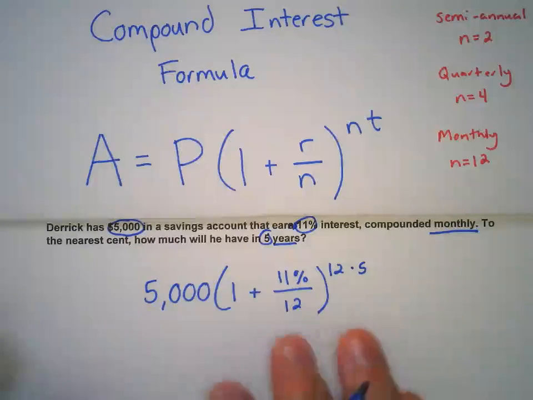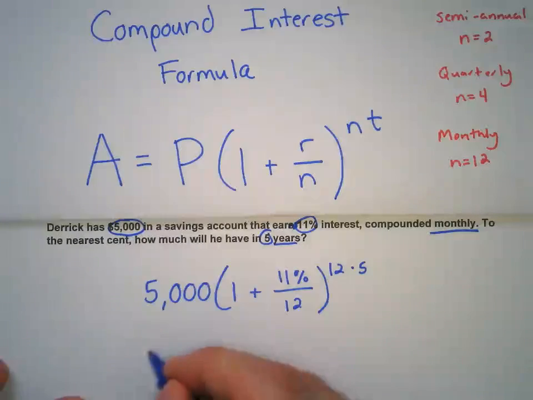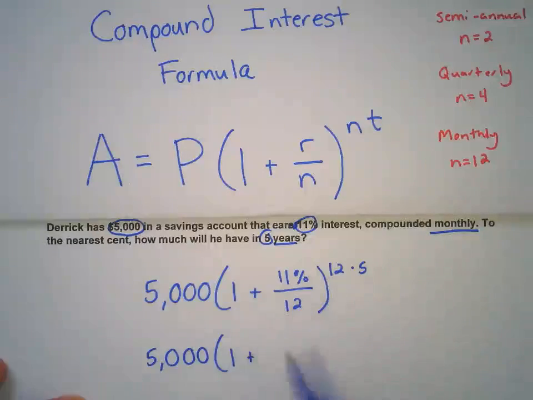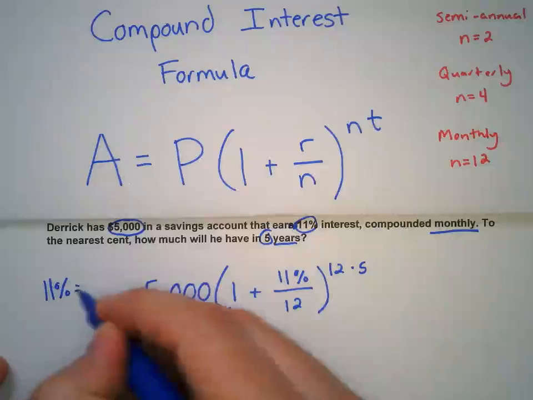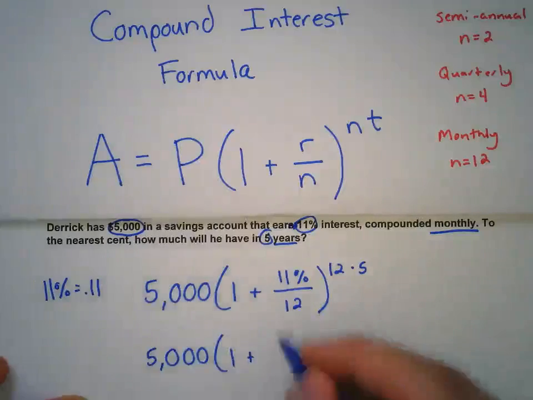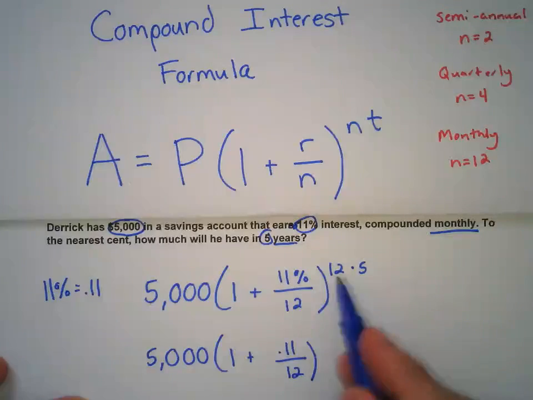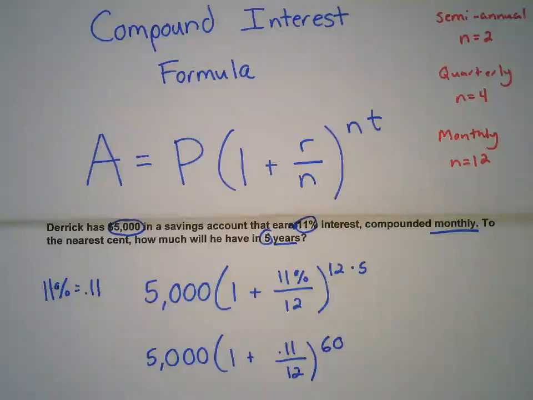So we can literally plug in the calculator exactly the way it is. I'm going to rewrite it really quickly to simplify it. So 5,000, 1 plus 11%, which changes to a decimal, 0.11, 0.11 over 12. And then 12 times 5 is 60.